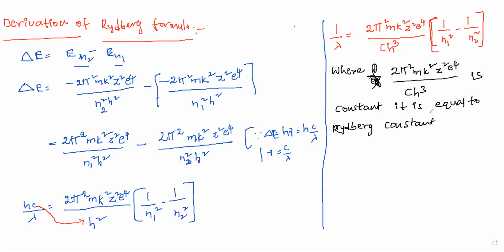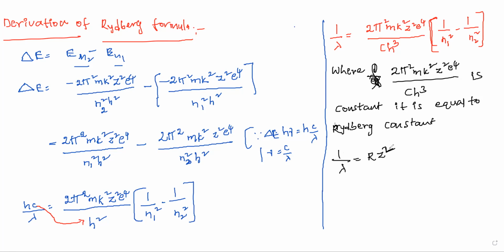Okay, if it is equal to the Rydberg constant, we can write 1 by lambda equals R, the Rydberg constant, and z square, where z is the atomic number of that particular element.